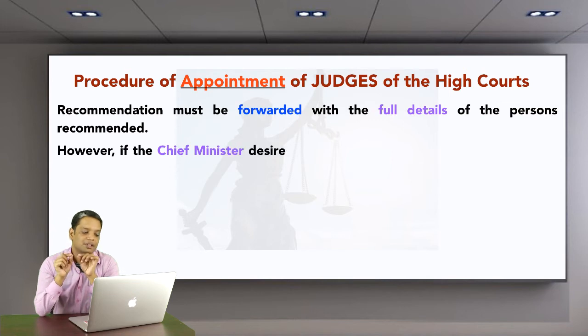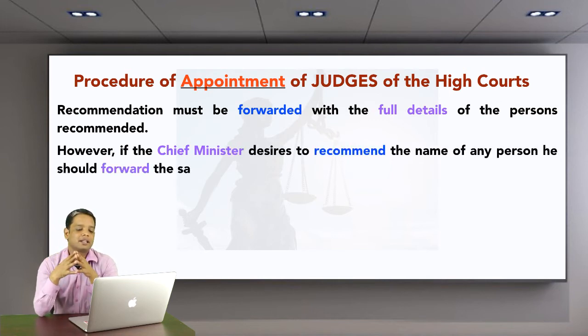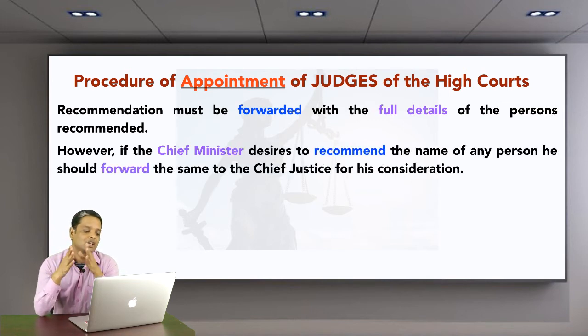However, if the Chief Minister desires to recommend the name of any person, he should forward the same to the Chief Justice for his consideration. What this point is saying is that it's not always the Chief Justice who recommends the right candidate. Sometimes, if the Chief Minister wants to suggest someone, he can also recommend the candidate of his interest to the Chief Justice.